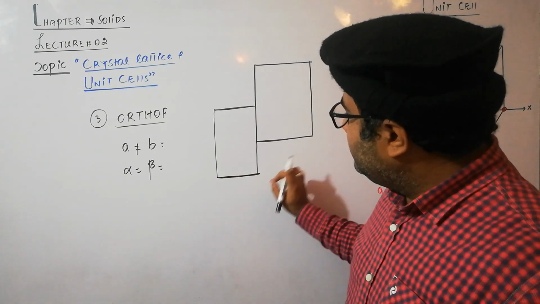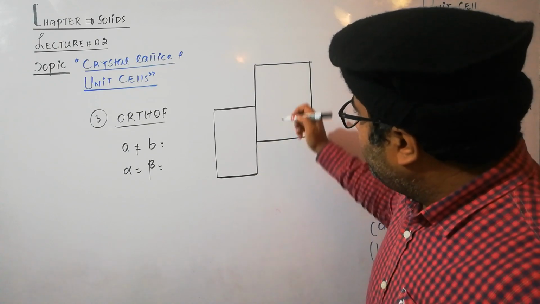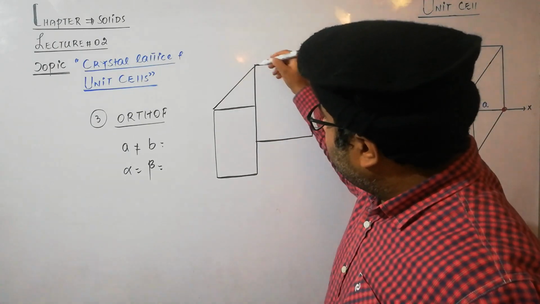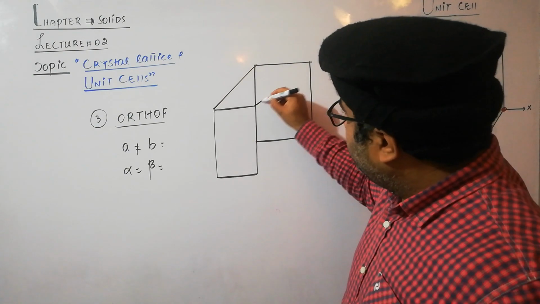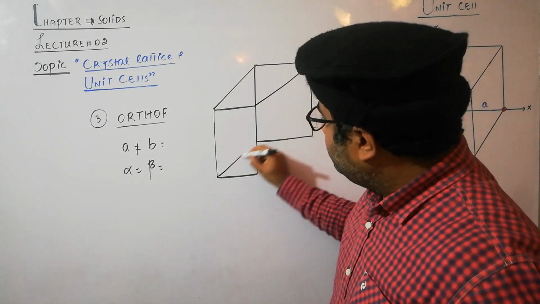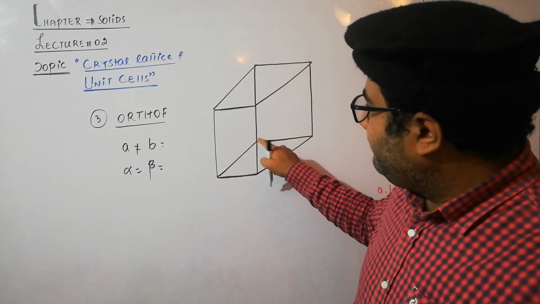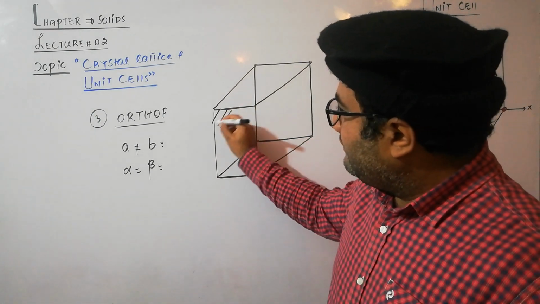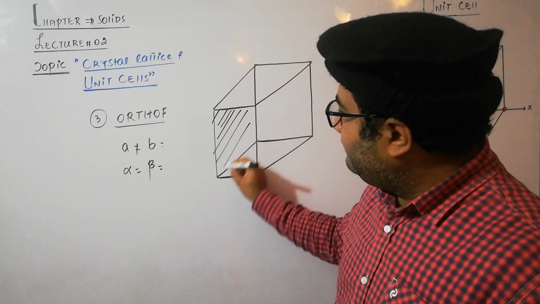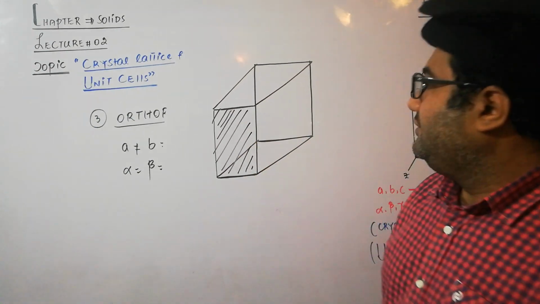So this one is the second rectangle. Now connect these two. Their size should be equal. And this one is the orthorhombic type of unit cell.